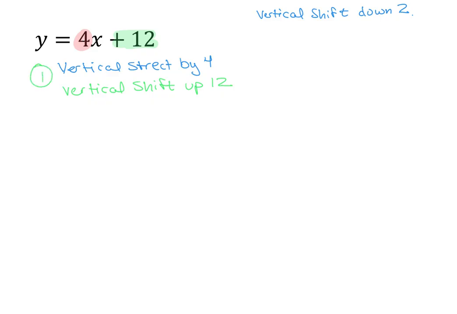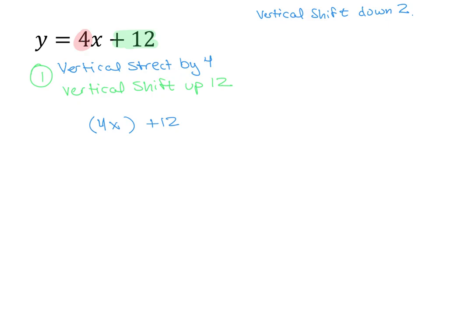So this is the first way that we can think about this function. Another way that we can think about this is we can rewrite this function as 4(x + 3). We can think about it being on the inside of the parentheses.